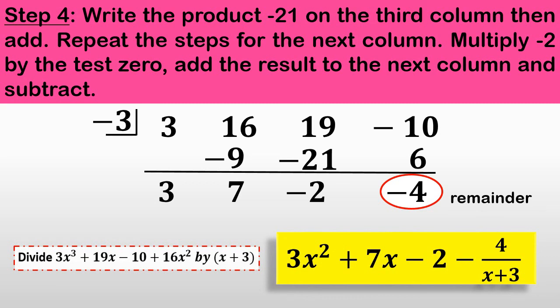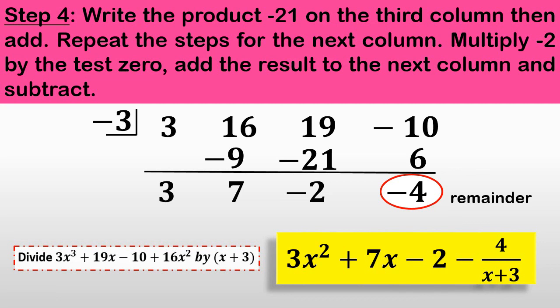So, 3x squared ang ating magiging first term plus 7x and negative 2 is our constant minus the value of our remainder, which is 4 over x plus 3.